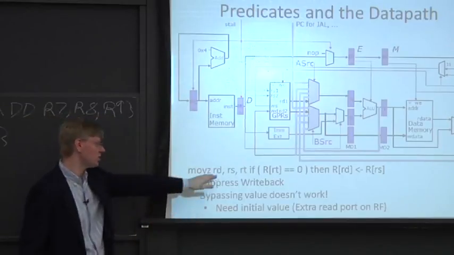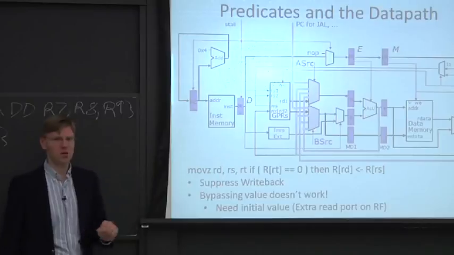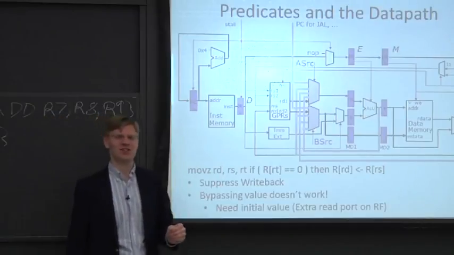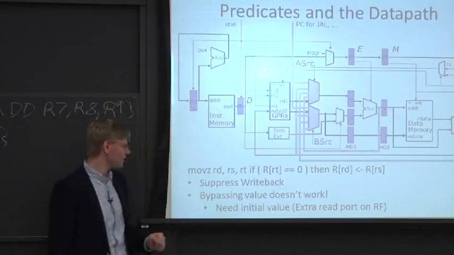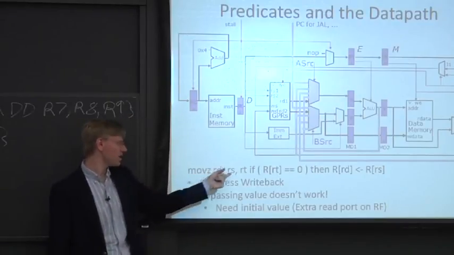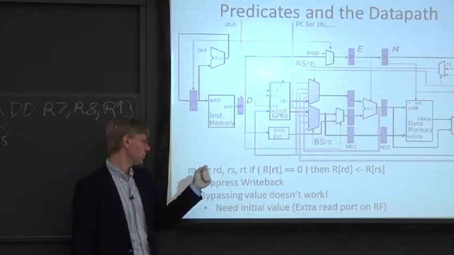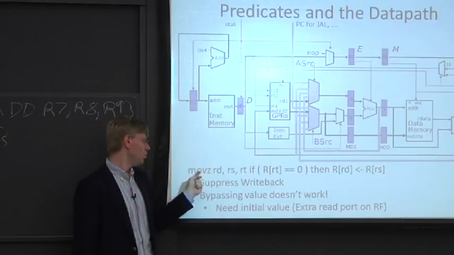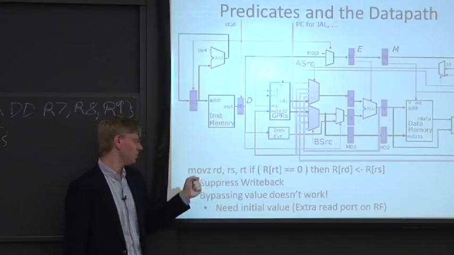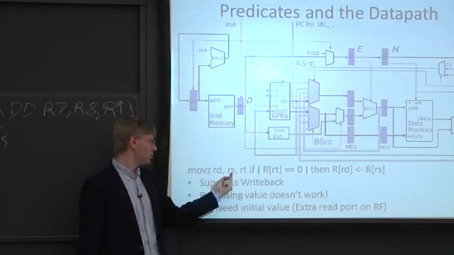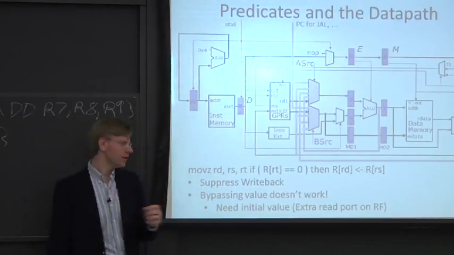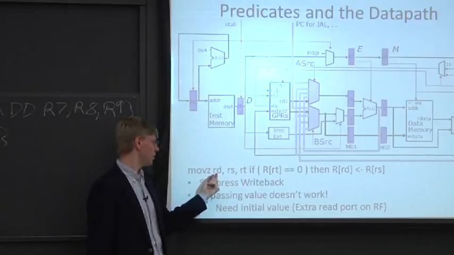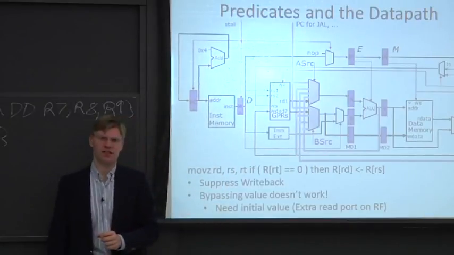So this instruction is very interesting. It is much more interesting than your standard like add instruction. So why is it interesting? Well, let's look at the semantics very closely here. Move 0 is going to write RS to RD, or it's going to write RD to RD.